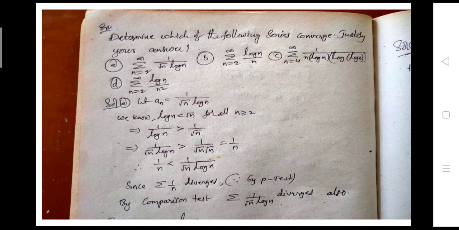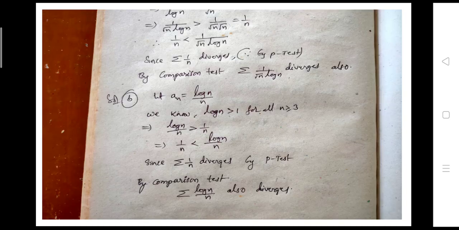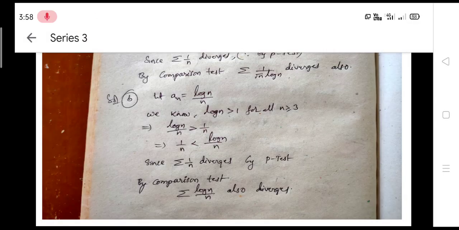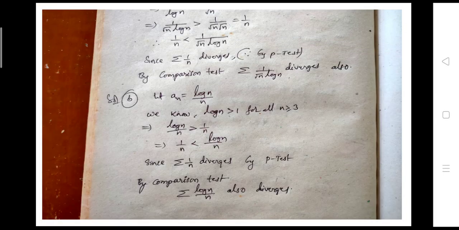Continue the next slide. Here we take the solution B. So by comparison test, sigma 1 by root n log n diverges also, because sigma 1 by n diverges. Solution B, let a n is equal to log n by n. We know log n is greater than 1 for all n greater than or equal to 3.